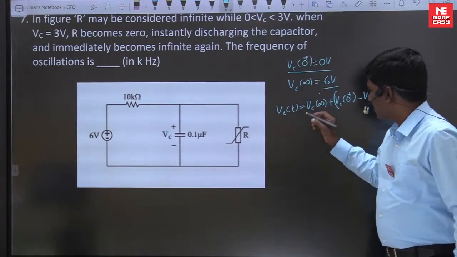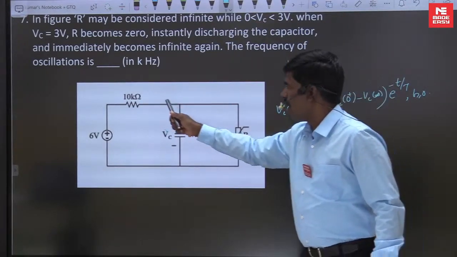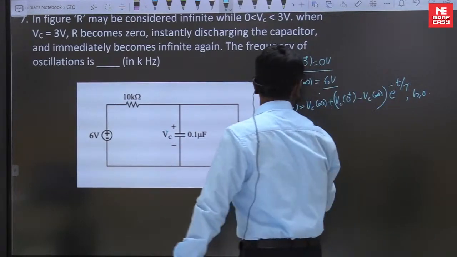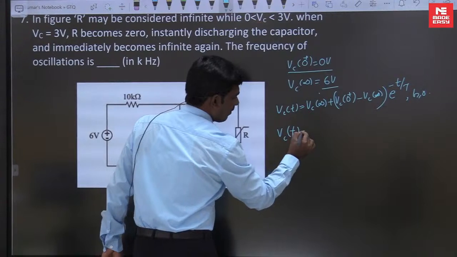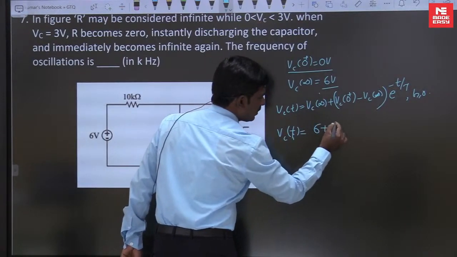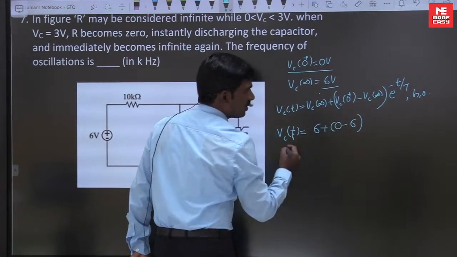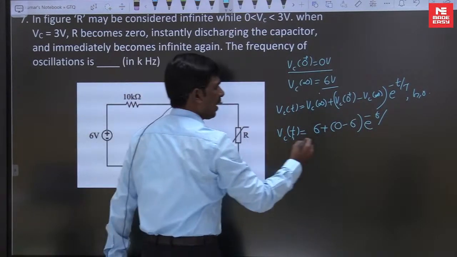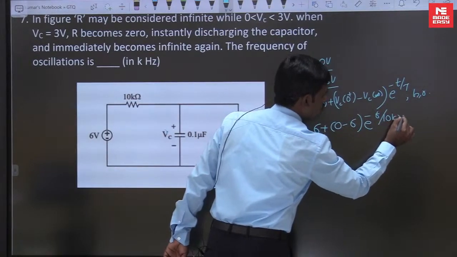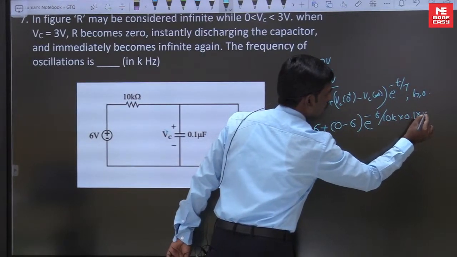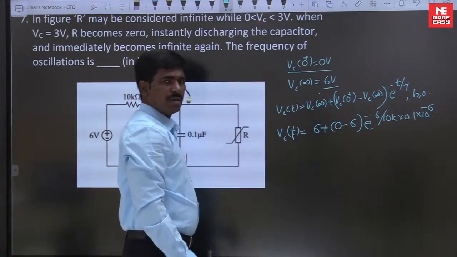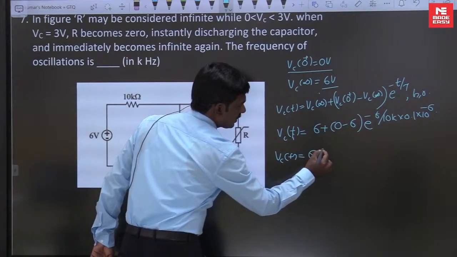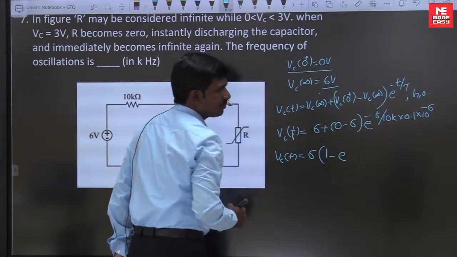Now substitute: tau is equal to R into C. So VC of t is equal to 6 plus 0 minus 6 e power minus t by tau. RC is 10k into 0.1 micro. Now VC of t is equal to 6 into 1 minus e power minus 1000 t after simplification.